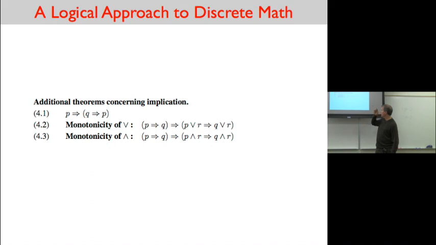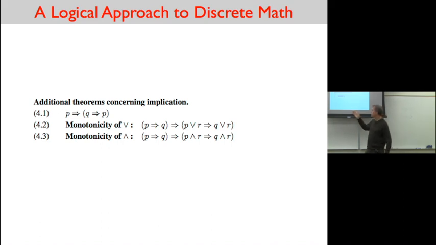So looking at 4.2, how did we start with 4.2? 3.57. Right, that's what we did with the first step, but what are we starting from? The antecedent or the consequent? We're starting with the consequent.